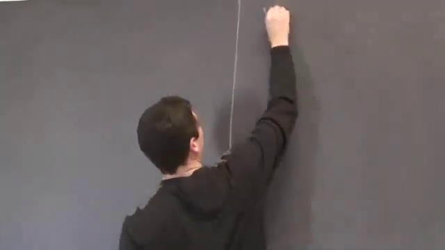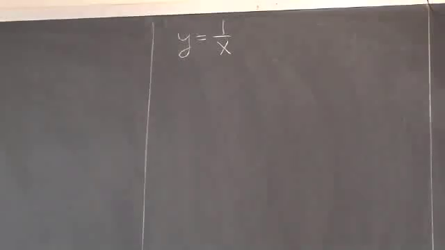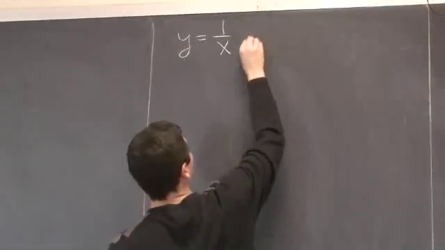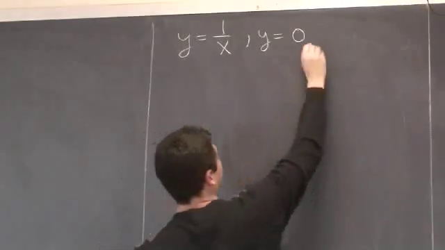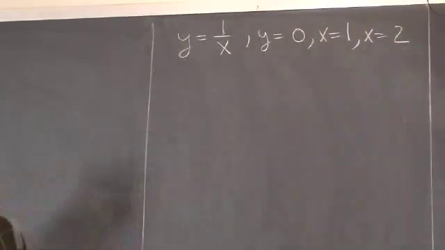Okay, so let's try something only slightly nastier. We'll look at y equals 1 over x, and bound between y equals 0, x equals 1, and x equals 2.